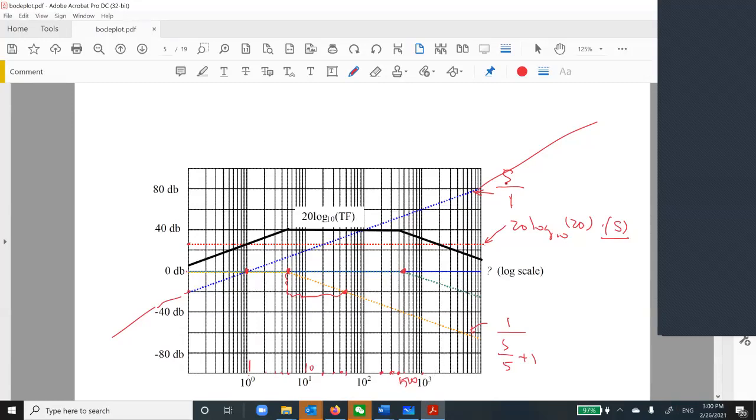So this is 1,000, 2,000, 3,000, 4,000, 5,000. So it should be this one here, no, this one. So then I draw this as a line, okay? Then I add all the dashed and dotted lines together to form this black line. This is the final black line, okay?